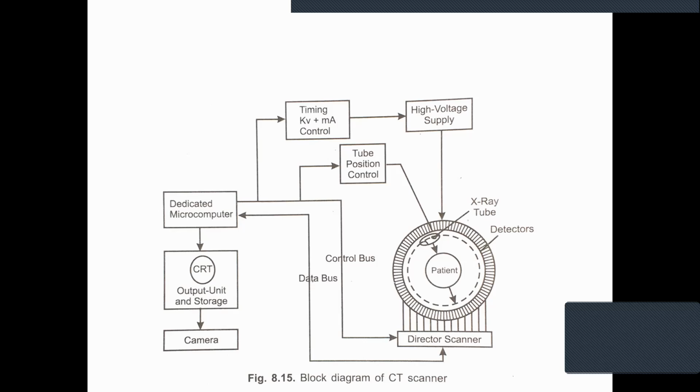The shadows of objects at all other distances from the source will move on the film and produce a blurred image. A very narrow pencil-like X-ray beam scans a single slice perpendicular to the body axis. By scanning two or more slices, a 3D representation can be created.